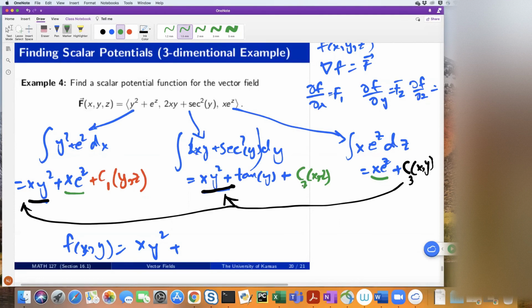But wait, C2 in here, they don't show up explicitly, but the constant in here can be a function of x and z. So I'm going to write it.